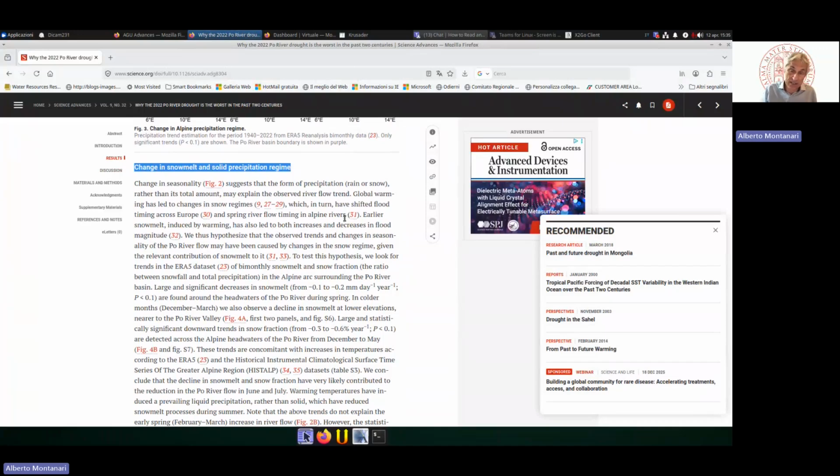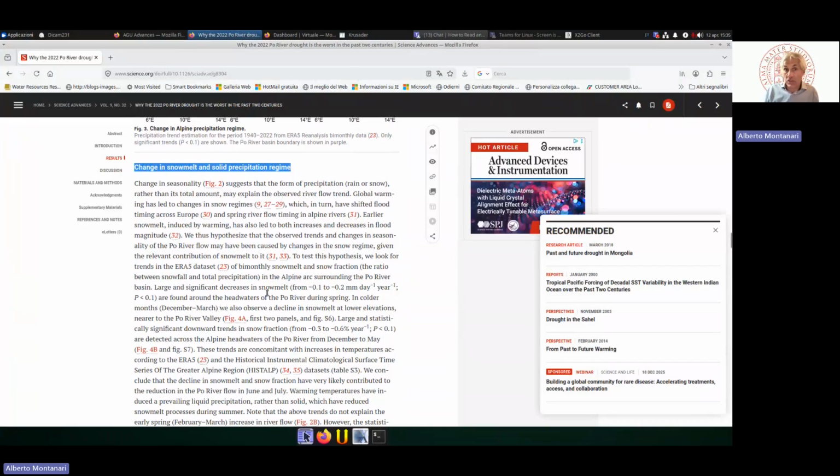This means that the river flows during winter and early spring are increased because there is less snow over the catchment. Snow is like a storage of water. If snow is not accumulated or is melt soon, this means that water goes down and feeds the Po River, and therefore here is the reason why the river flow in winter and early spring is increased.